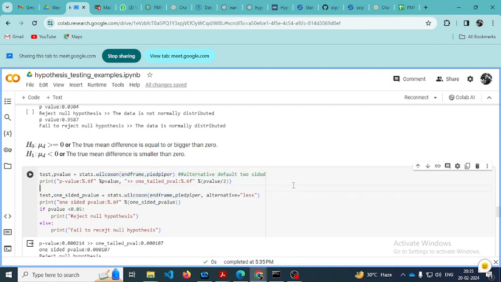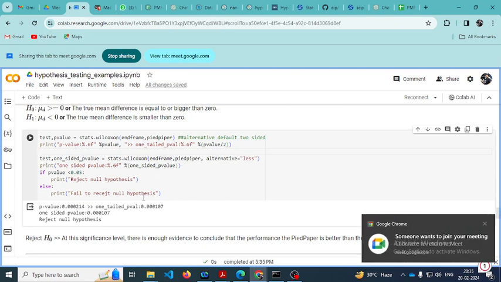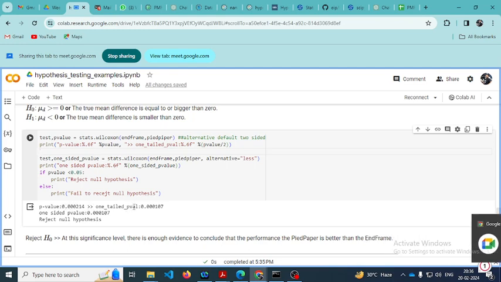So you have two different values, right? Then you will get p-values. Initially you will get your p-value, then you will get the one-tailed p-value. If you have an initial value of 0.00 something, this is the one-sided value. From this p-value we can come to a conclusion.